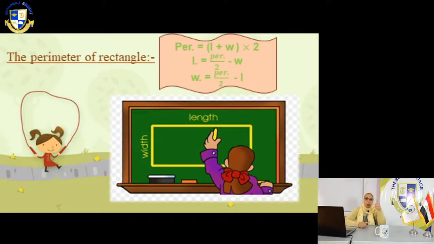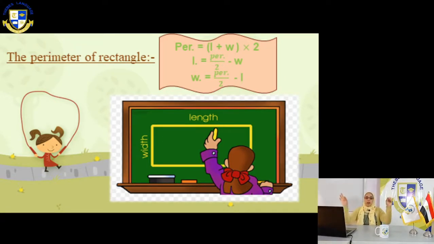This is the first shape, a square. The second shape is a rectangle. What is the perimeter of a rectangle? A rectangle also has 4 sides, but each 2 opposite sides are equal, not all like a square. So the rectangle has a length and a width.